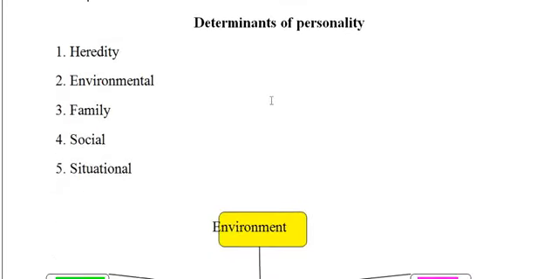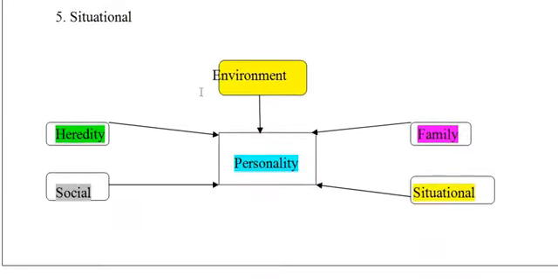Now, determinants of personality. The determinants of personality can be grouped into 5 broad categories: heredity, environment, family, social, and situational.